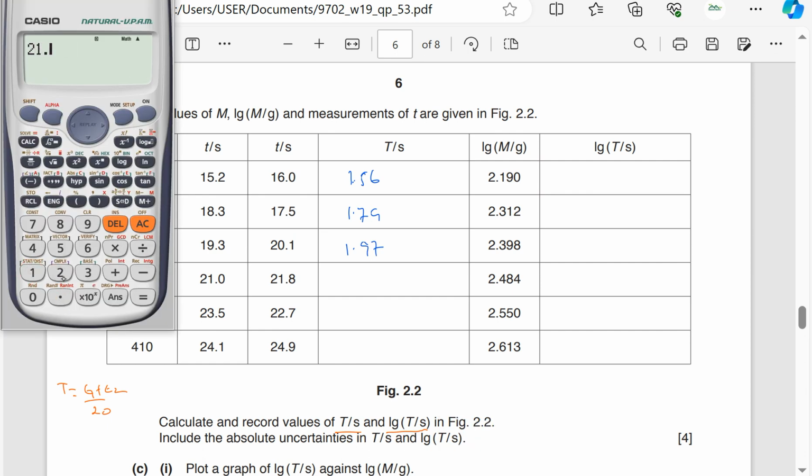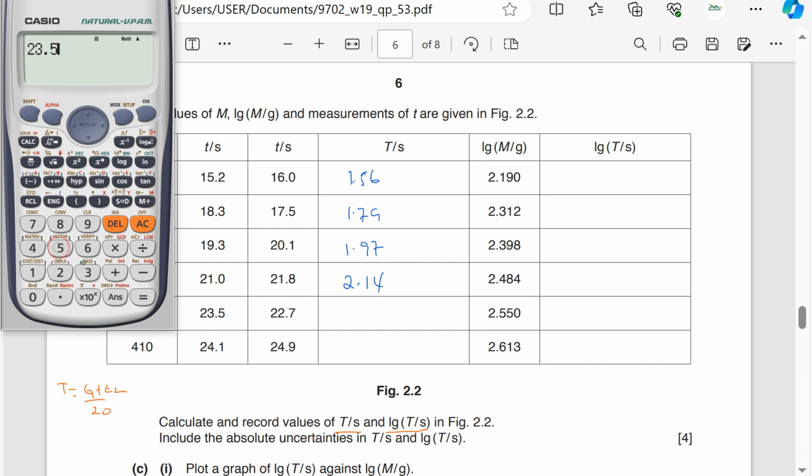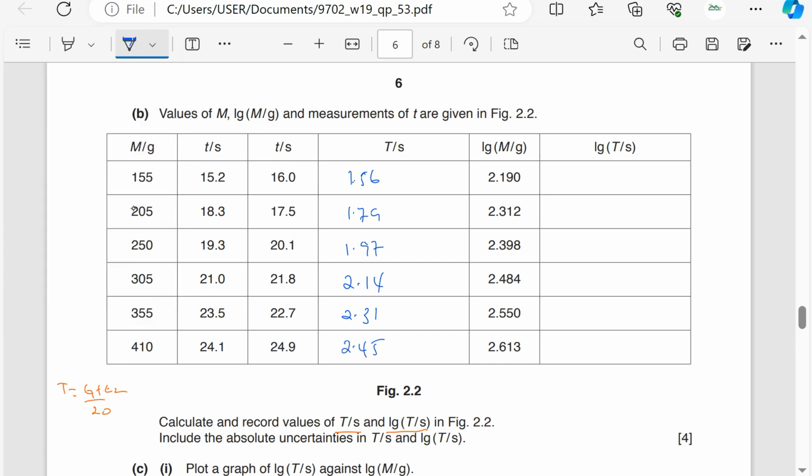Then we have 21.0 plus 21.8 divided by 20. So this is 2.14. Then we have 23.5 plus 22.7 divided by 20. So this is 2.31. And we have 24.1 plus 24.9 divided by 20. And this is 2.45.